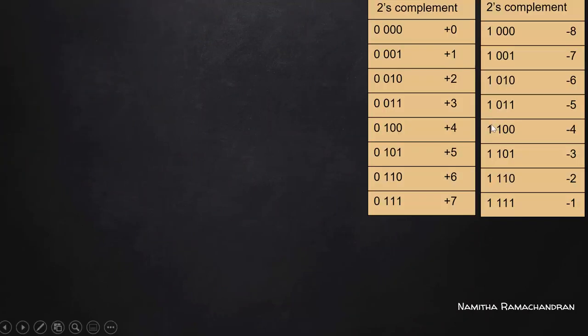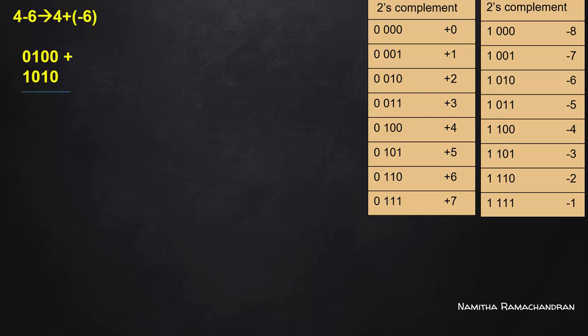Let's consider some examples. I'm using the same table here for explanation purposes only. Consider 4 minus 6. We can consider this subtraction as 4 plus minus 6.